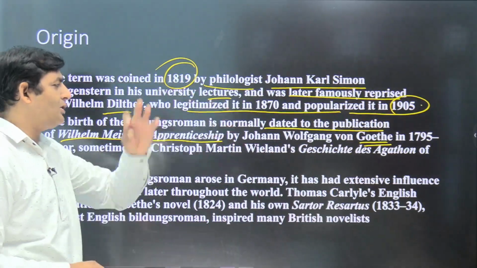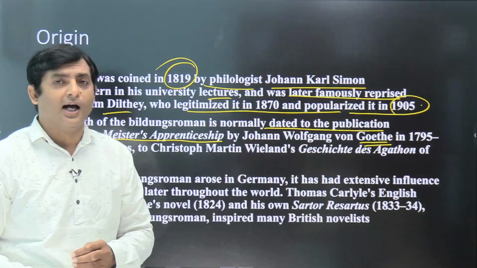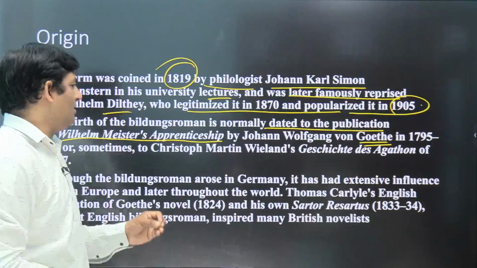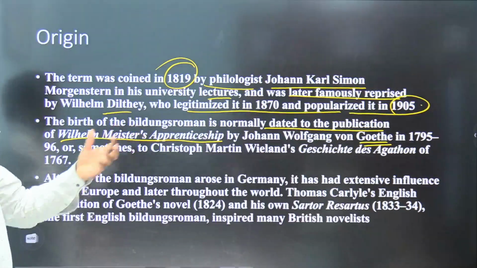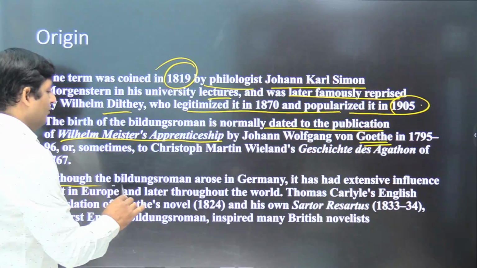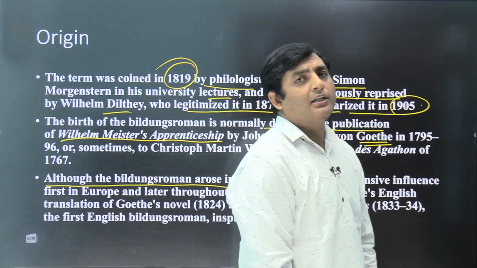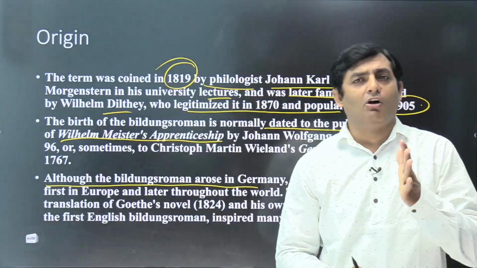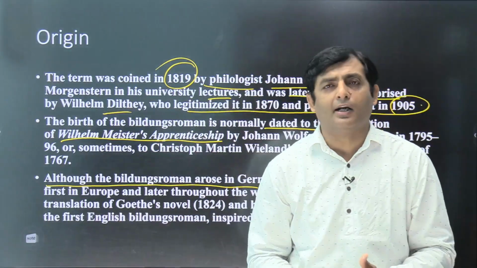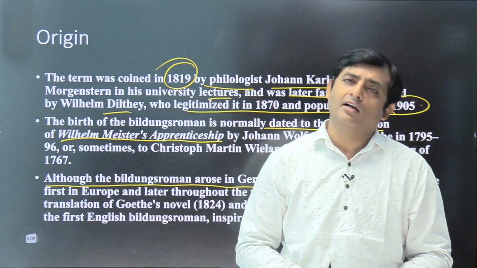And the first novel in this genre is said to be, किसको कहा जाता है? That is Goethe's novel, right? Wilhelm Meister's Apprenticeship. And from Germany, it was brought to England by Thomas Carlyle in the Victorian era. First, Thomas Carlyle translated the work of Goethe, and then he wrote his own novel, Sartor Resartus.